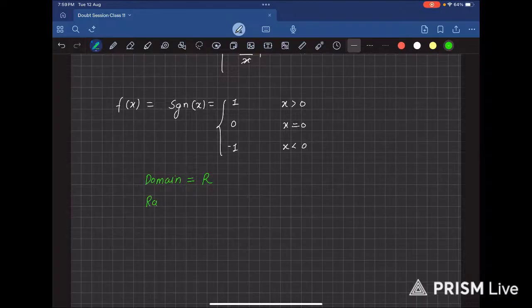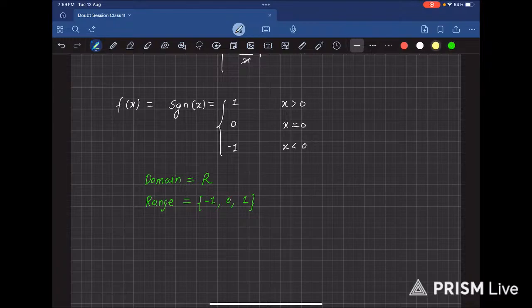Now I'll go for range. Range is equal to, what are the answers? Answers are 1, 0 and minus 1. So you have to put a curly bracket and then write minus 1, 0 and 1. It is the range. So the function gives 1, 0, minus 1, domain is all real numbers, and range is minus 1, 0, 1.